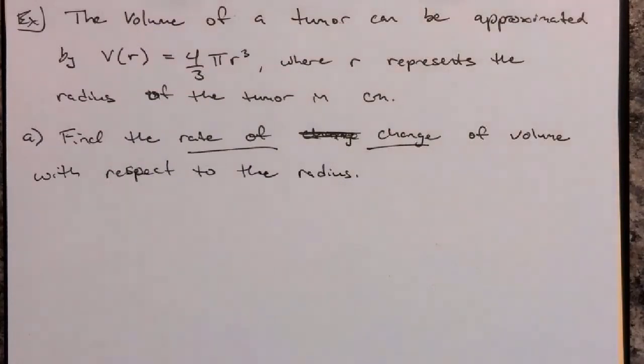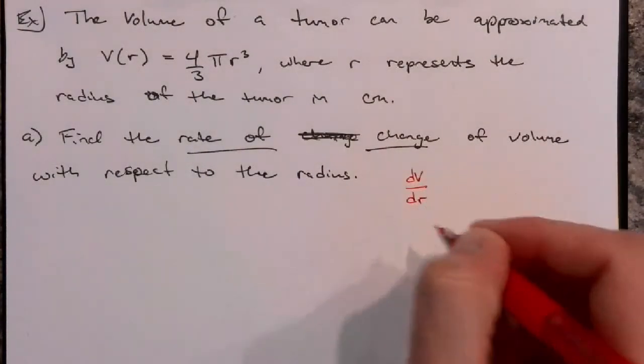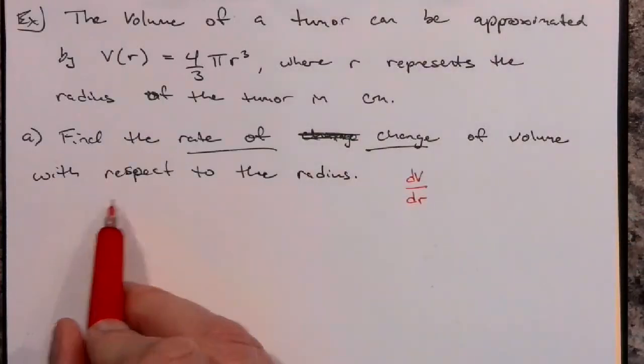So if you're asking me to find a rate of change, what you should be thinking to yourself immediately is find the derivative, right? So we're going to look for the derivative here. When you hear rate of change, you should be thinking find the derivative. Now, you might think of it as dV over dr, the rate of change of volume with respect to the radius.